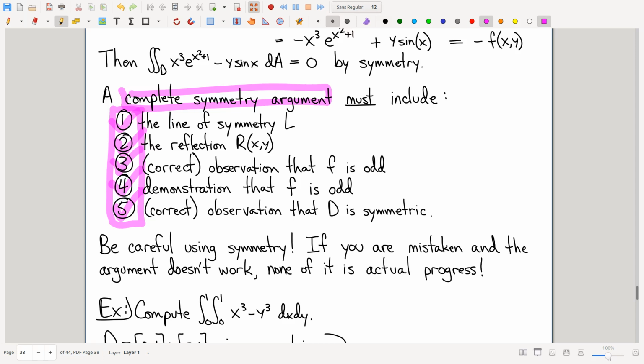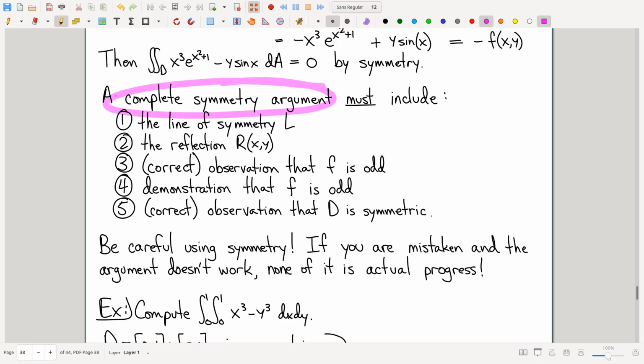You, of course, have to be correct about the domain being symmetric. You don't have to demonstrate that the domain is symmetric. Okay. So these are the 5 conditions. So on exam 2 anyway, if you want to use this symmetry theorem, you got to give me all 5 of these.